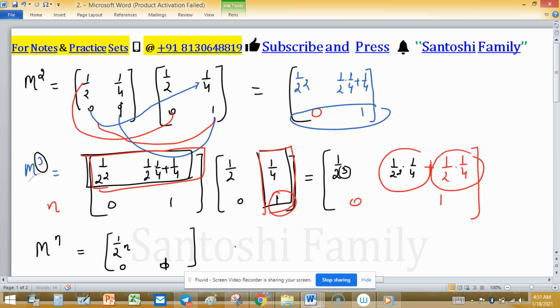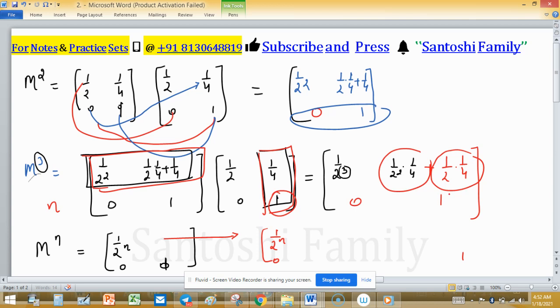So in the integral power of M raised to the power n, I'm going to write the element of this. It will be 1 upon 2 raised to the power n, 0, and it will be 1 here, the fourth entry. And the second entry, how am I getting the second entry?